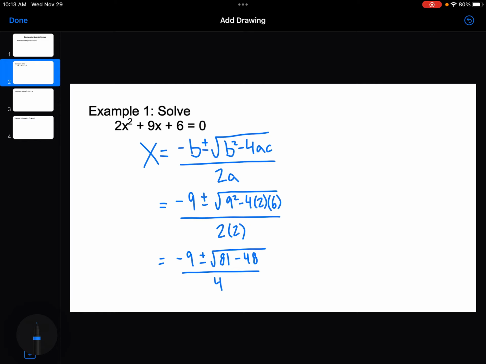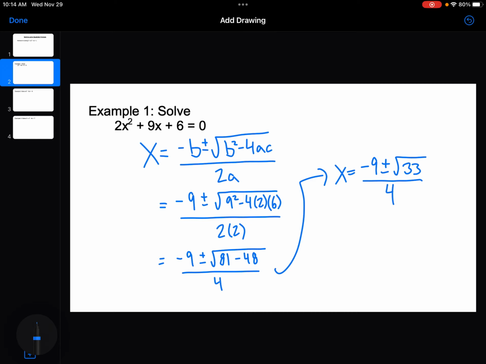Then we simplify that to x equals negative 9 plus or minus the square root of 81 minus 48, which gives me 33, all divided by 4. And that would be my final answer. That shows that there are 2 solutions. I can't reduce that root 33.